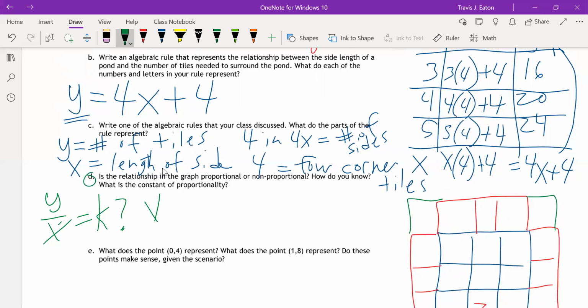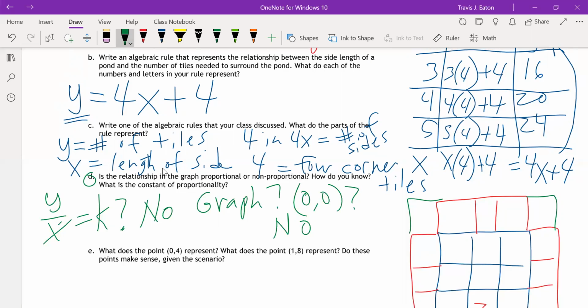No. There's no constant value when we divide. On the graph, does it pass through the origin? Does it go through 0, 0? No.